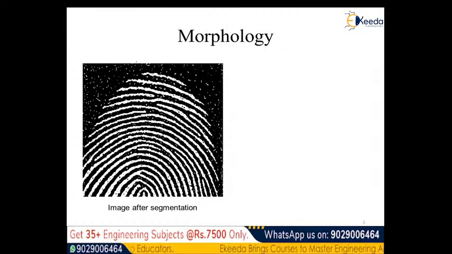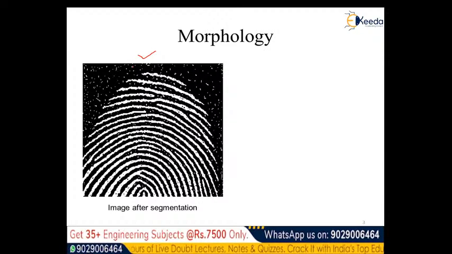See, the example image is of a fingerprint. In fingerprint identification applications, for identification and further authentication purposes, matching should be there. For matching of the sample image with the reference image, there should not be the presence of noise.